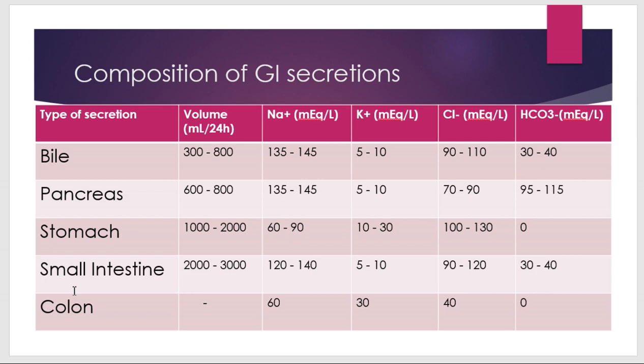For each secretion, we are going to discuss the volume in milliliters per 24 hours. This second column is for volume in milliliters per 24 hours, meaning how much bile is secreted in our human body in 24 hours.